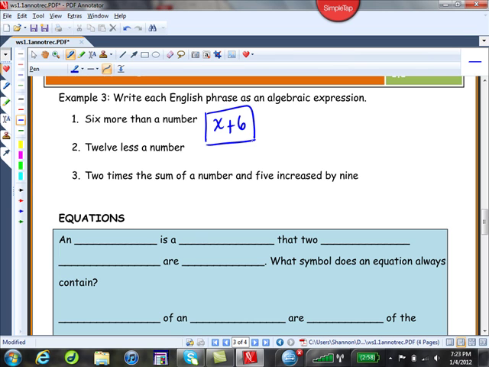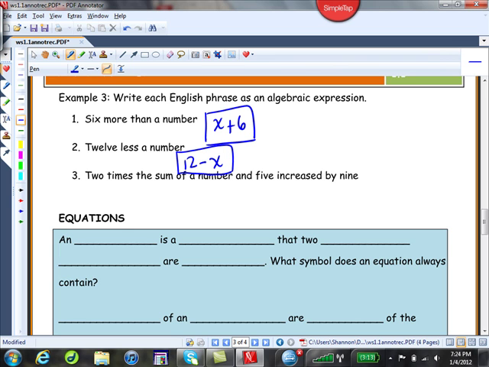What do you guys think that would be? You got it. 12 minus, whoops, making up my own math a little bit. We got to represent it as a number. So 12 minus x. The number can be x.